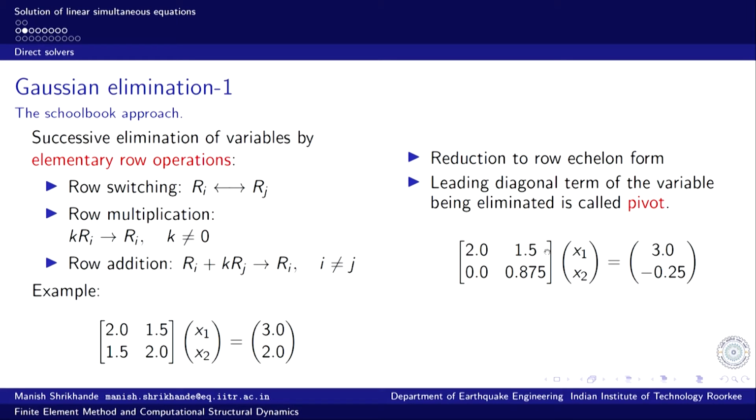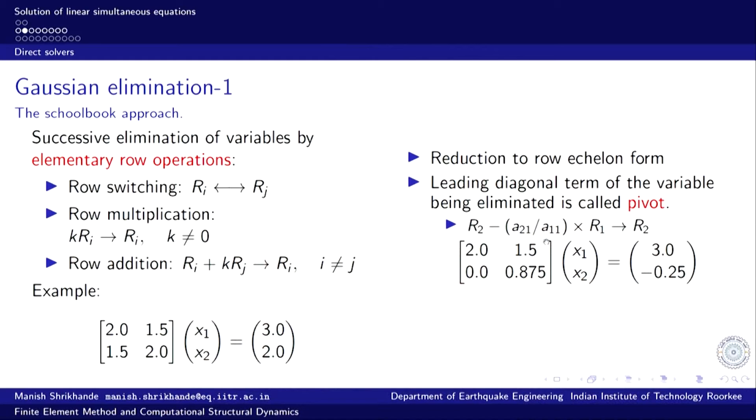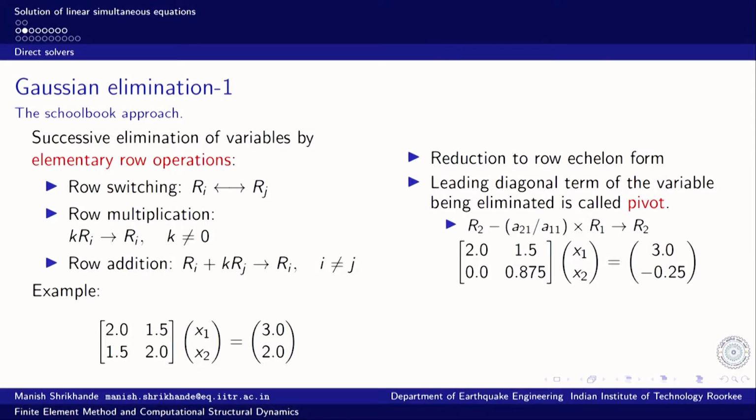The diagonal term corresponding to x1 in the coefficient matrix, that is this particular element in the diagonal position, is called the pivot element. Pivot is important because it goes in the denominator, and that is why it has special significance. We will see why that is so important.